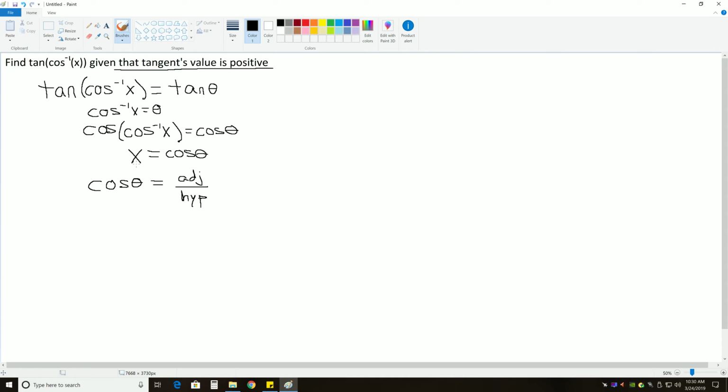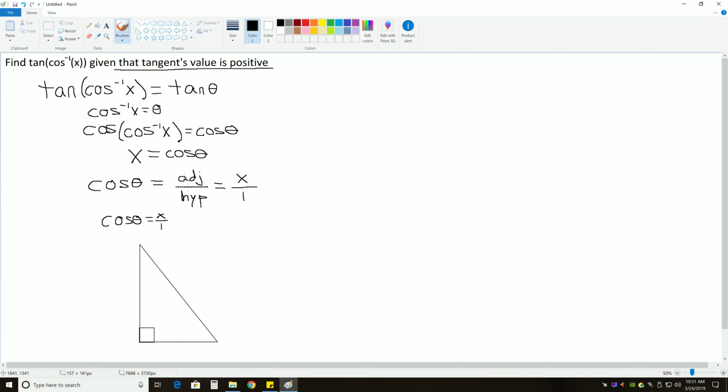Which means, in this case, cosine of theta equals x could be rewritten as cosine of theta equals x over 1. We can rewrite anything as itself over 1 without changing the problem. So our adjacent side is going to be x, and the hypotenuse will be 1, given some triangle that we can just construct. So we're going to make sure that this is a right triangle.